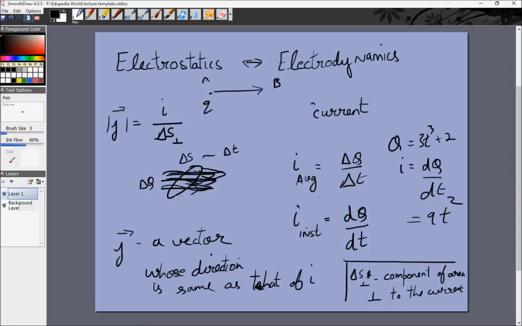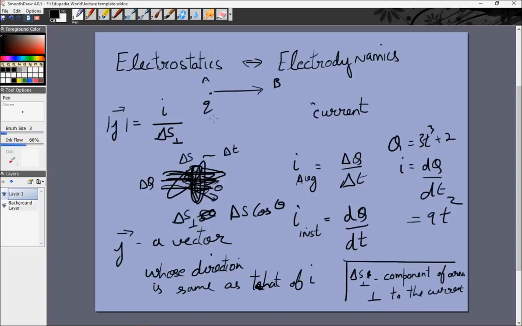We've seen a similar thing in Gauss law when we were talking about solid angles and flux. So the area we will actually have to take will be this, and if the angle between the perpendiculars to the areas is theta, then delta S cos theta will be this perpendicular area, delta S perpendicular, right?